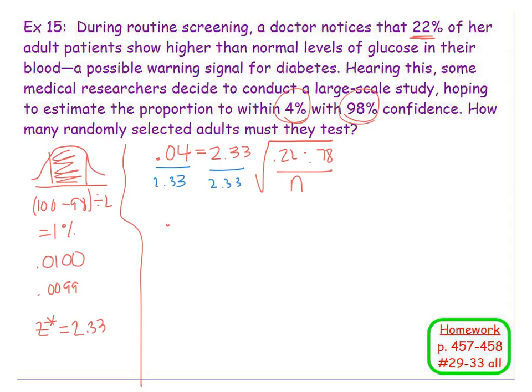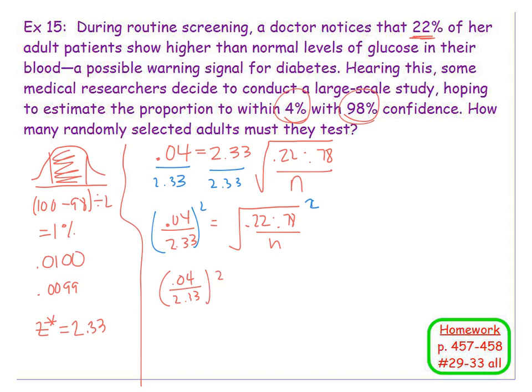So I have 0.04 divided by 2.33 equals my big square root guy, 0.22 times 0.78 divided by n. I now have to square the right, put the left in parentheses with a squared. So I have 0.04 divided by 2.33 in parentheses squared equals 0.22 times 0.78 divided by n.